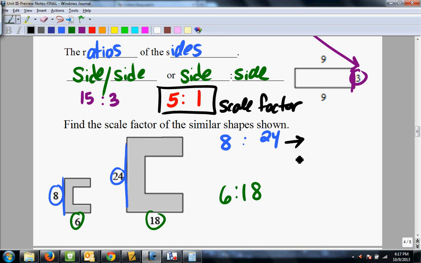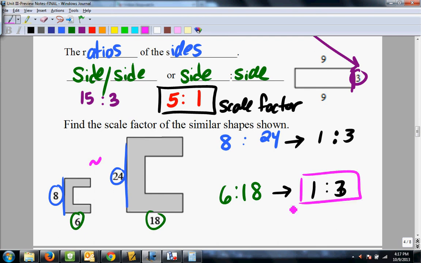Now reduce them both. 8 goes into 24 3 times, so this is a 1 to 3 ratio. 6 goes into 18 3 times. It's also a 1 to 3 ratio. So we would say your scale factor for these two similar shapes is a 1 to 3 ratio. That would be your scale factor.